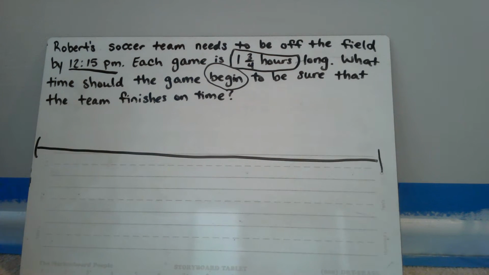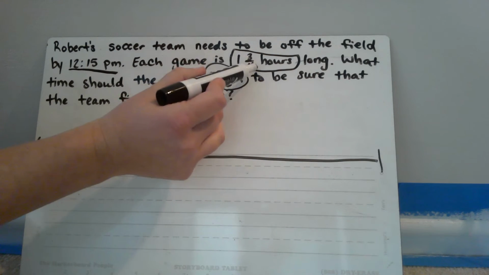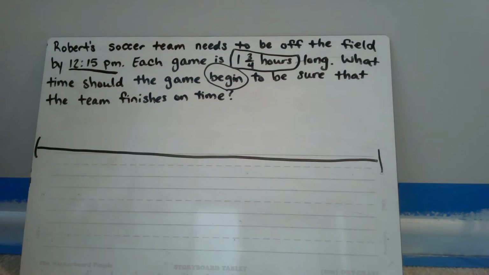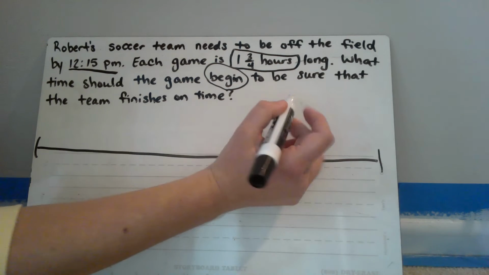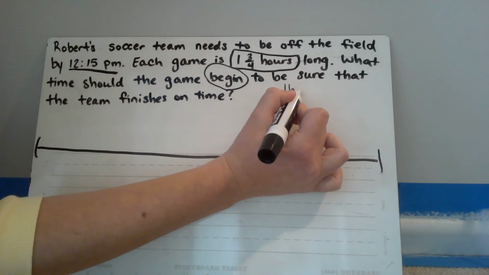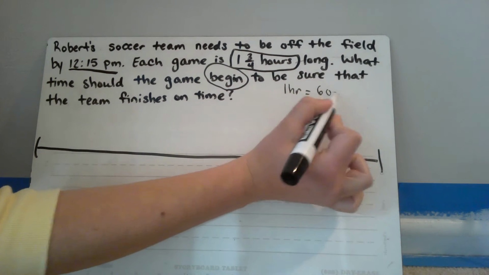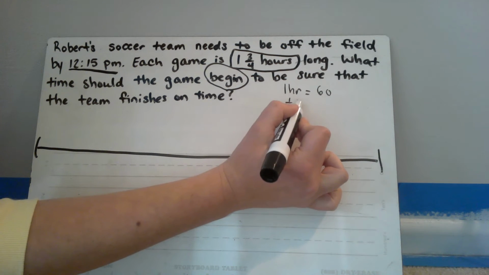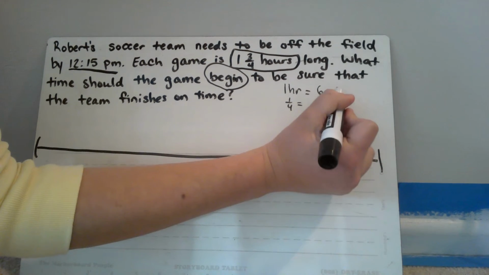The one other thing that I want to figure out is what is 1/4 of an hour and 3/4 of an hour. Because I know 1 hour is 60 minutes. So that means 1/4 of an hour has to be less than 60 minutes.